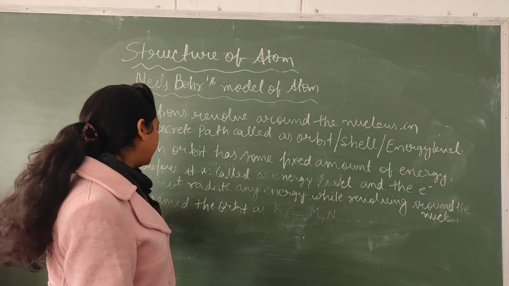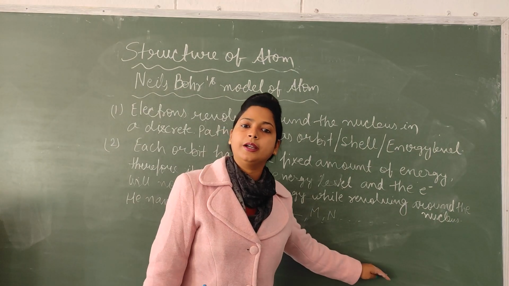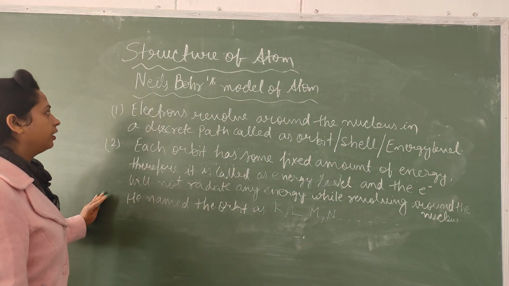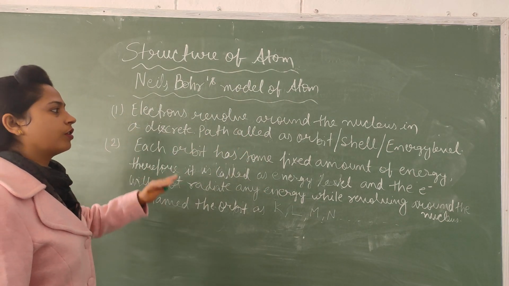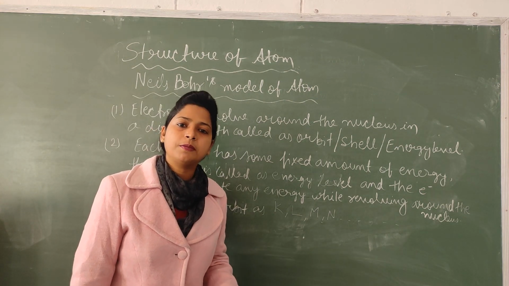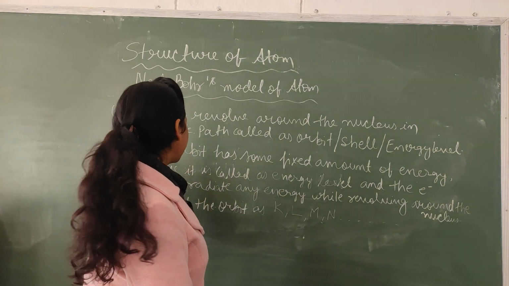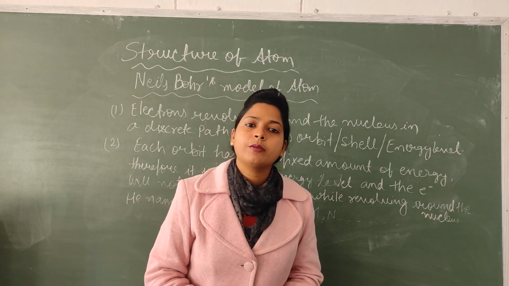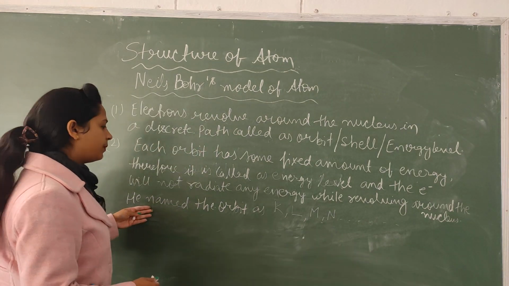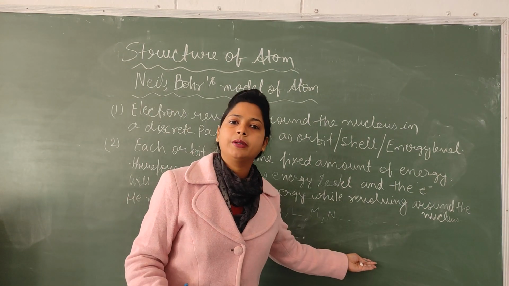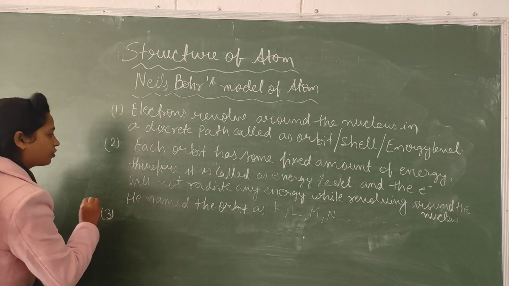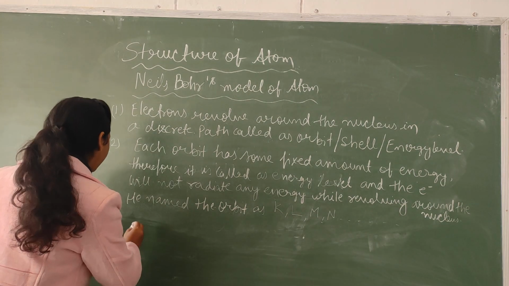So he designated the orbits as K, L, M, N. So these are the two postulates of Neils Bohr. First is electron revolves around the nucleus in a fixed, discrete path called orbit. Second is each and every orbit has a specific amount of energy and the orbits are named as K, L, M, N.